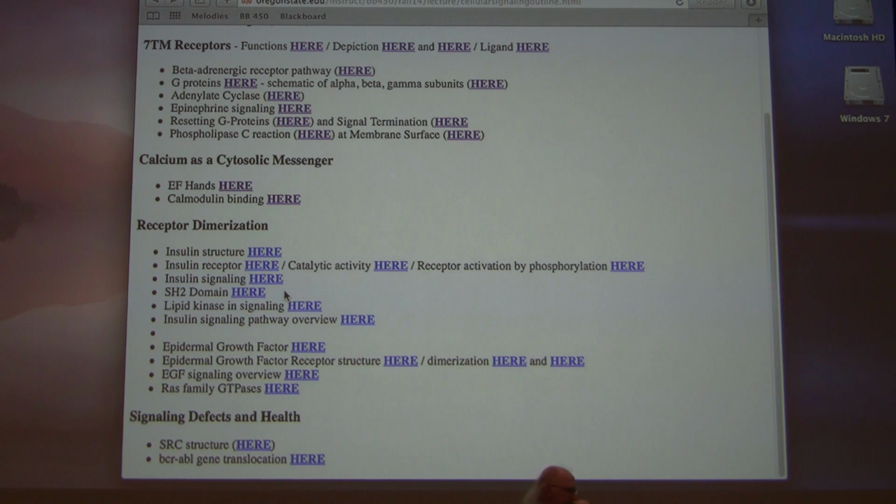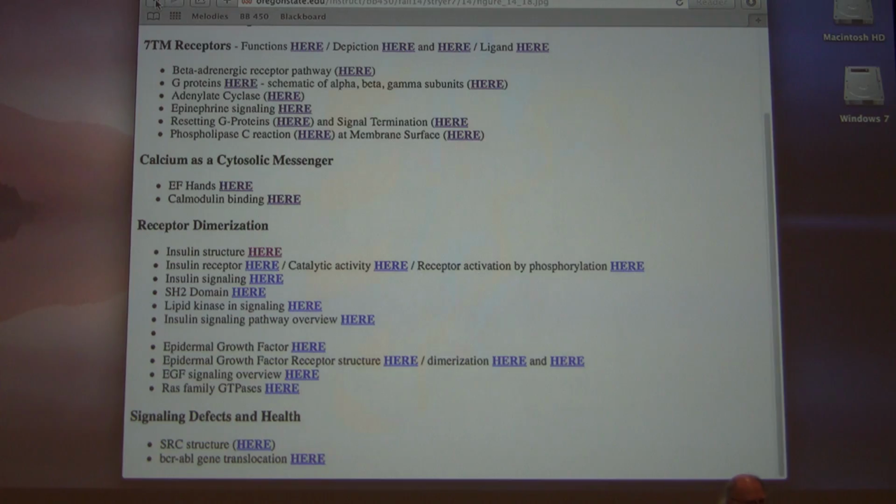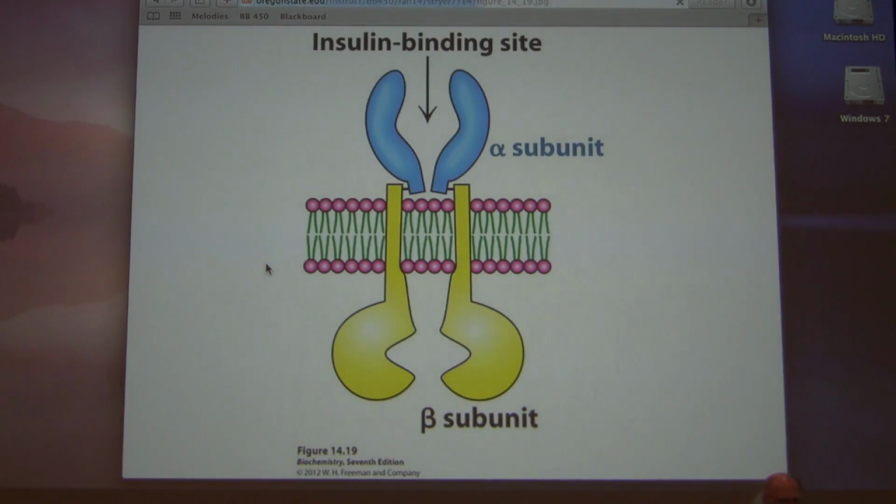This process does not. It occurs through something called the insulin receptor, and that's insulin right there. The insulin receptor looks schematically like this. It's not a 7-TM. It is a transmembrane protein, as all receptors are.